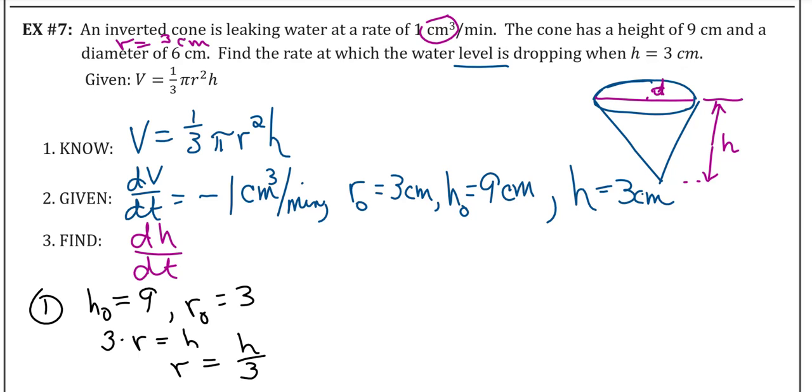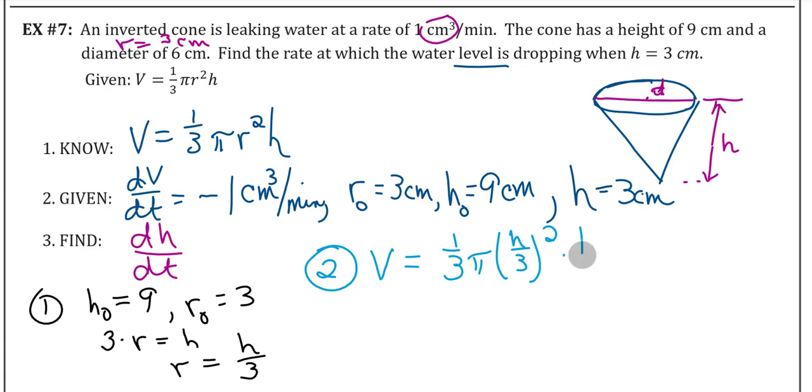Now we can rewrite our formula this way. V is going to equal 1/3 pi times (H over 3) squared times H. Simplifying that, we get a volume of pi over 27, because we have a 3 here and a 9 there, and now we have H squared and H, so H to the 3rd.